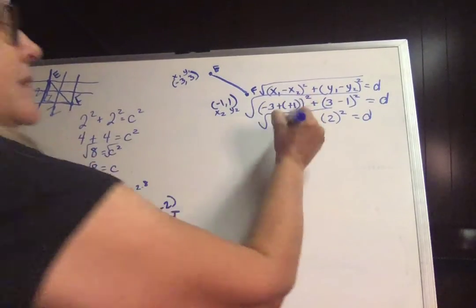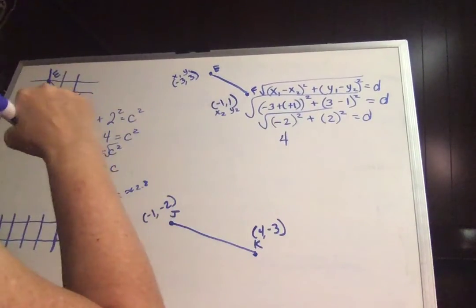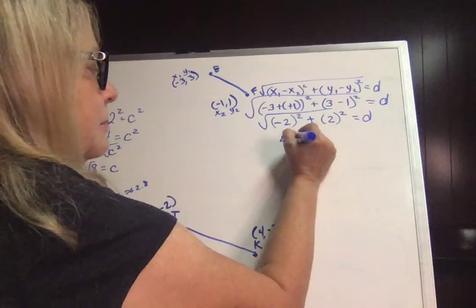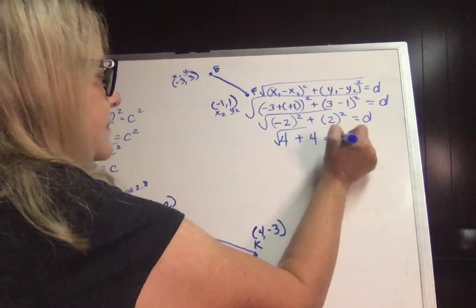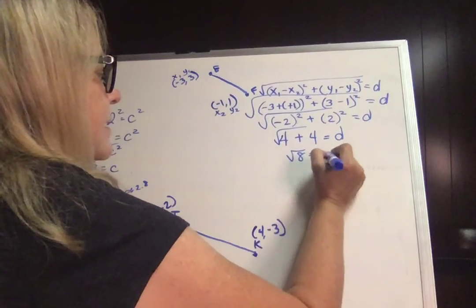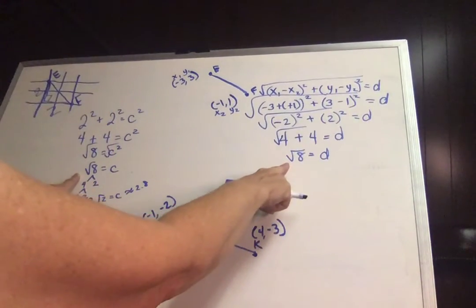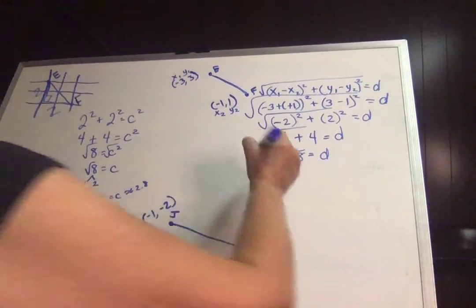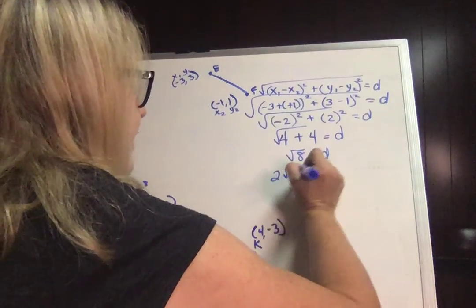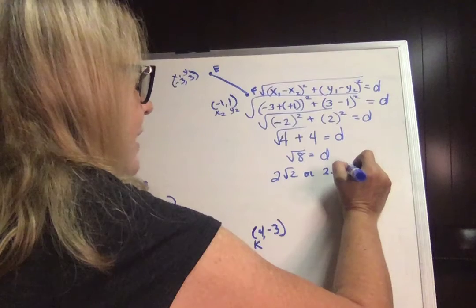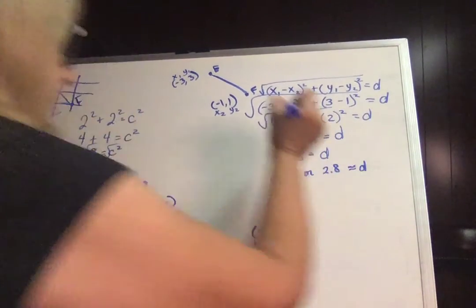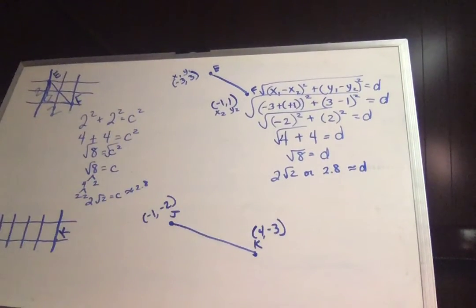Once we square it, we always get a positive answer. Positive distance, positive answer. Square root of 8 matches exactly. 2 square root of 2 if they want exact, or 2.8 if they're okay with decimals. Okay, so that's basically it.